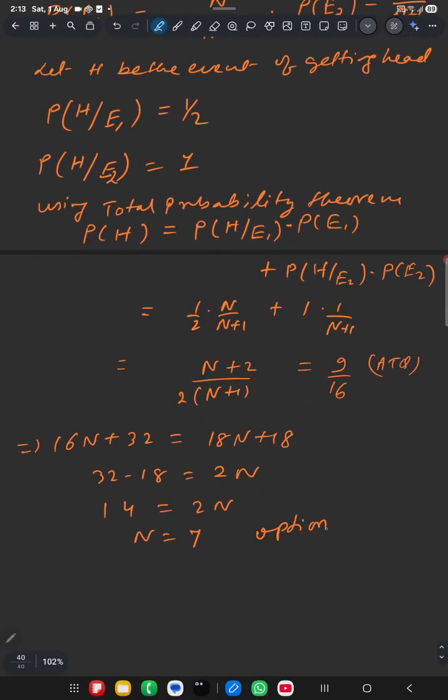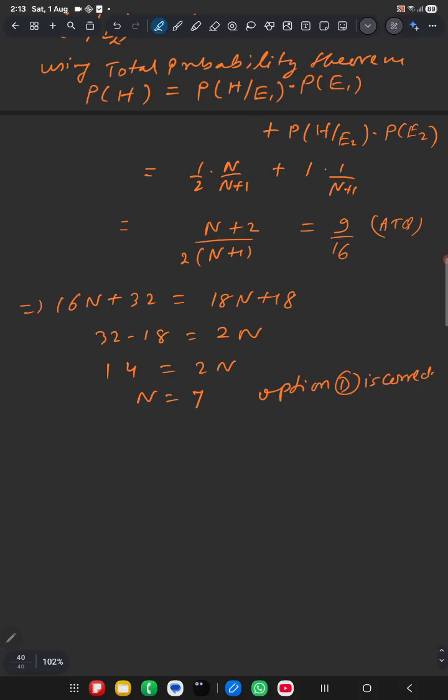This is using total probability. Otherwise, one more way you can do it is in a normal way, by a tree diagram. There is one bag, and in the bag there are fair coins and biased coins, biased meaning having head on both the sides.